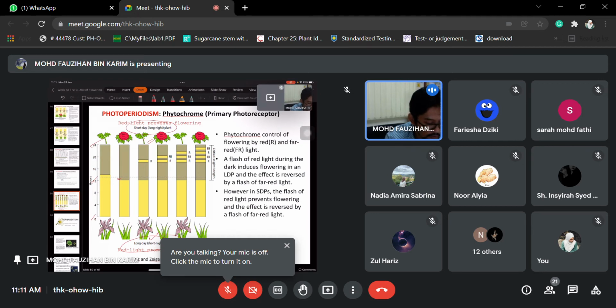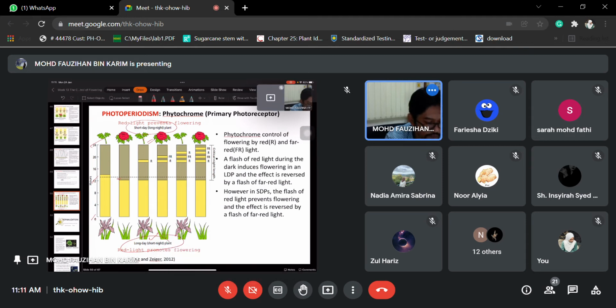Pokok long day plants, okay, you bagi the 12 hours, and then you give the darkness, alright, you bagi red light, sepatutnya dia flower, alright, and then you bagi gelap balik, and suddenly you interrupted with far red light, so the long day takkan flower.